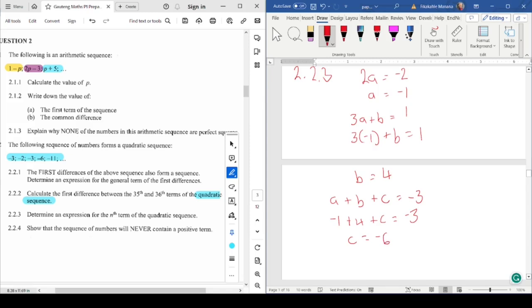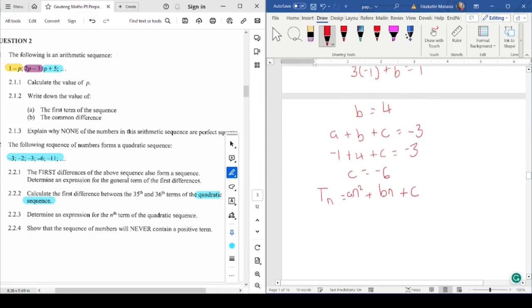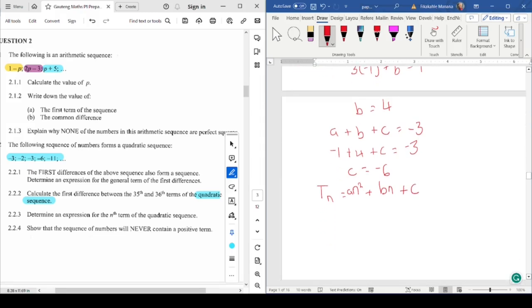Okay, so now Tn for a quadratic is a quadratic equation. Okay, so it is an squared plus bn plus c, right? Then we can substitute.